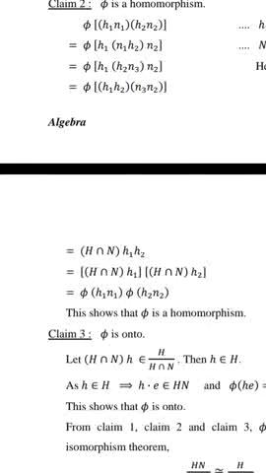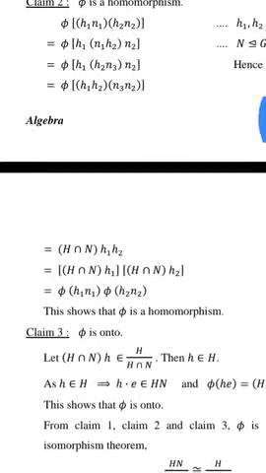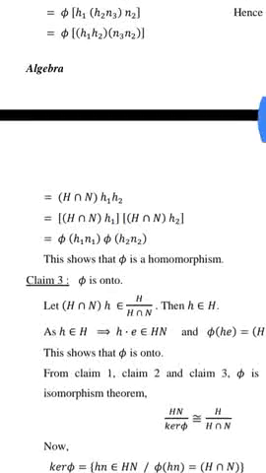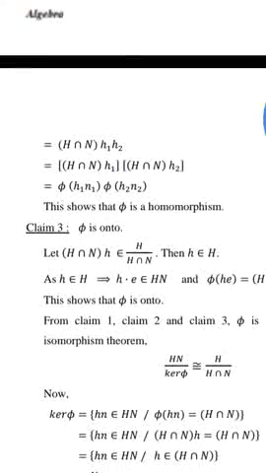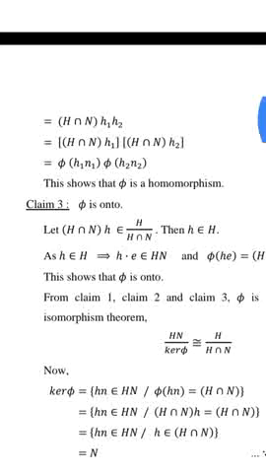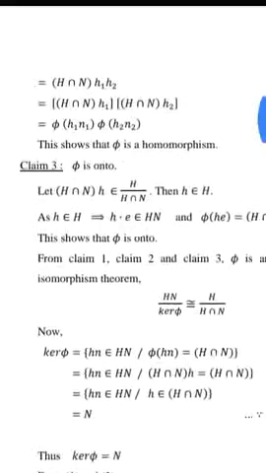Phi of h1 n1 h2 n2 is equal to phi of h1 h2 n3 n2. Therefore, H intersection N times h1 h2, that is H intersection N h1 times H intersection N h2. Therefore, phi of h1 n1 times phi of h2 n2. This shows that phi is a homomorphism.